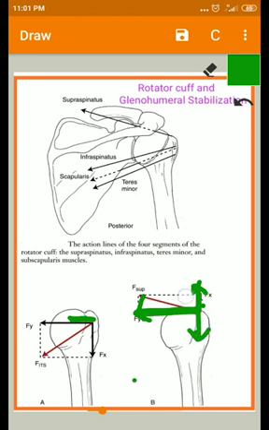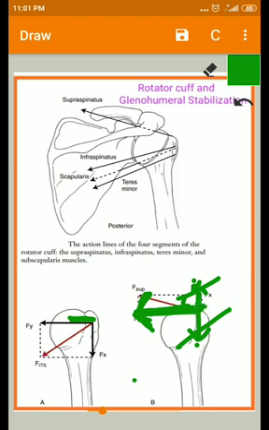So this translatory force and this gravitational force are balanced here, and only this rotatory component is free now, and this rotatory component helps in the movement of the glenohumeral joint. That means it helps in the abduction.